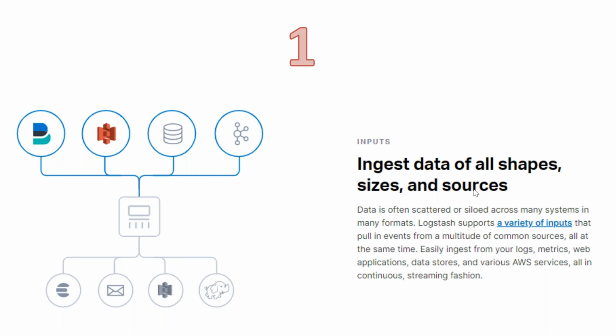Continuous streaming fashion is what we call a pipeline. If you have covered the Jenkins session, there also we create a pipeline, but there we have a CI pipeline. But here we create a pipeline for filtering. So automatically it can be created also.